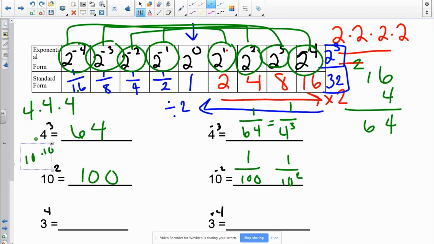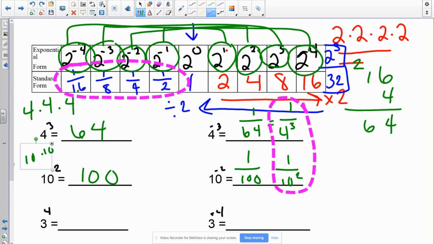Now start to notice as we do this that every time we have a negative exponent, where would that be on a number line? I'm going to ask that later, but start to notice that pattern. Okay, let's do another one here. Let's go 3 to the fourth power. So 3 times 3 times 3 times 3. Well, I know 3 times 3 is 9, times 3 is 27, times 3, we'll do some math here.